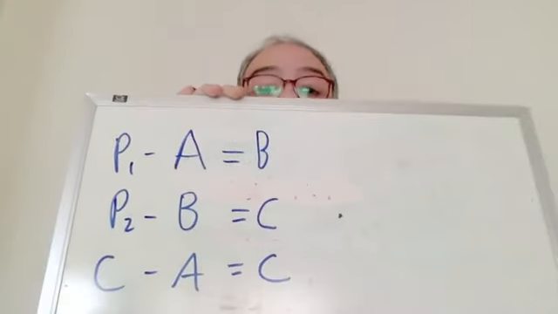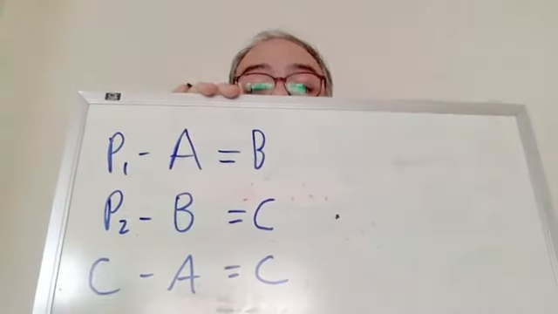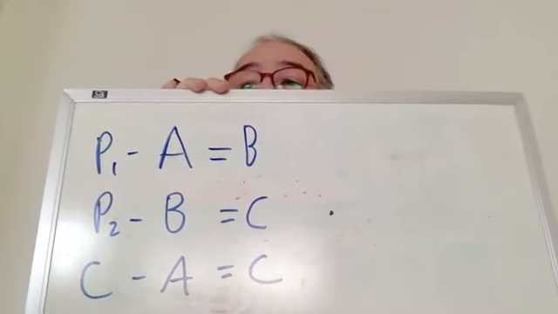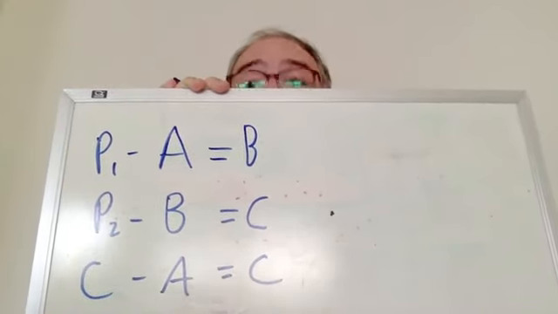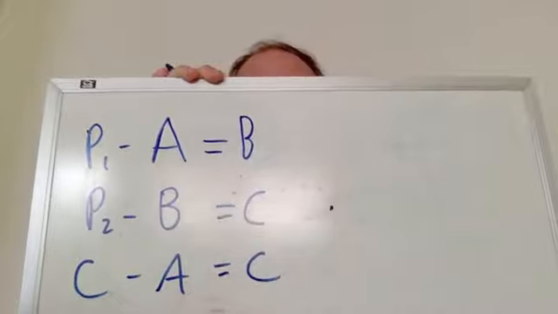So as you can see, premise 1 is A is B, premise 2 is B is C, and from premises 1 and 2, we can get the conclusion that A is C. So if I believe that A is B and I believe that B is C, then I have to believe that A is C. This would be one example of an argument.